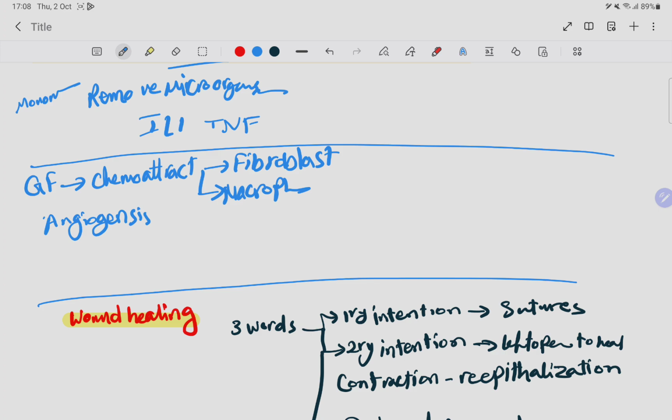There are 3 isoforms of growth factor that have been identified. Types 1 and 2 promote wound healing and scarring. And type 3 decreases wound healing and scarring.